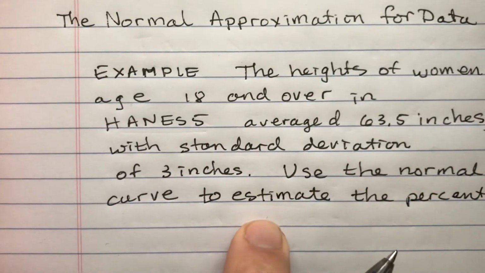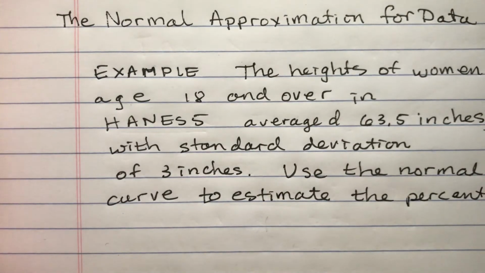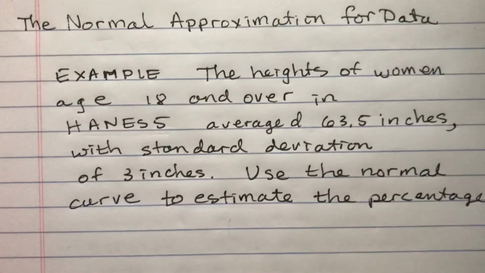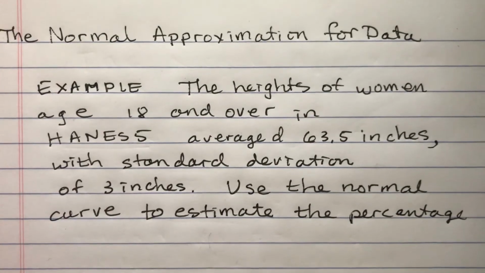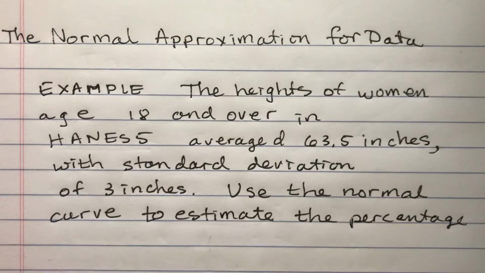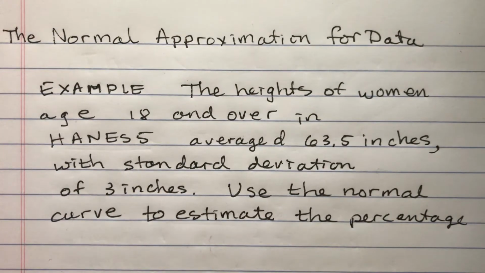Estimate is really important because we're saying that the distribution of heights is normally distributed, but it doesn't necessarily have to be exact. I mean, there's a question of how many decimal places we should use when we use this model.